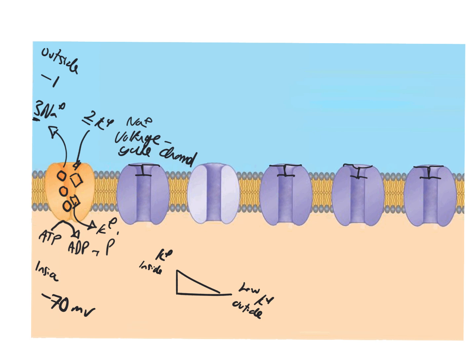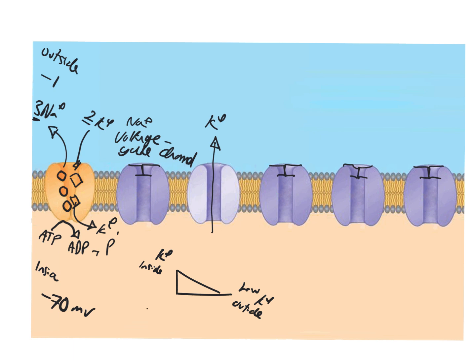Therefore, the potassium is going to use facilitated diffusion via your potassium gated channel to move back out of the cell. So we're going to see this outflux of the potassium along its electrochemical gradient.